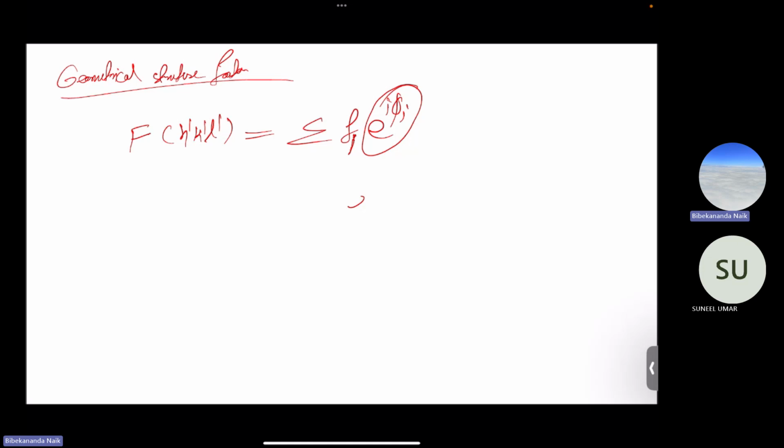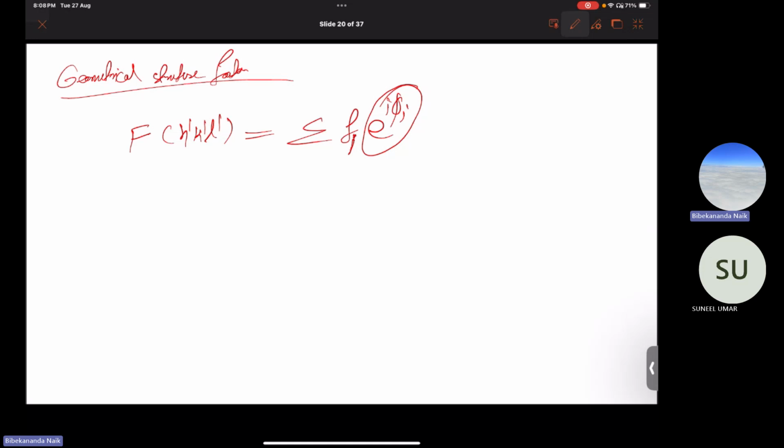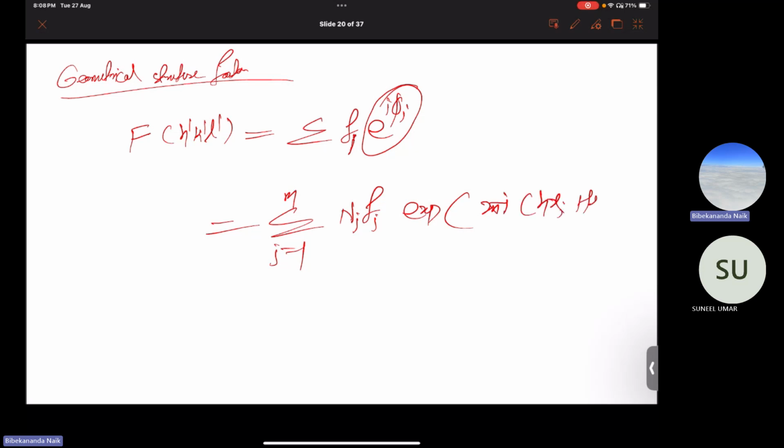So this will again give you the summation j equals 1 to m, n_j f_j exponential 2 pi i (h x_j plus k y_j plus l z_j).